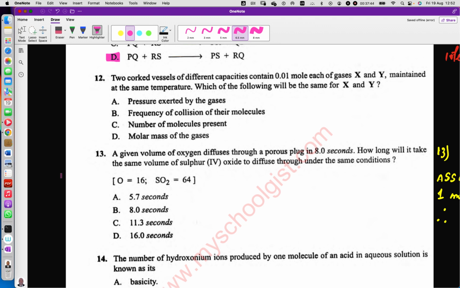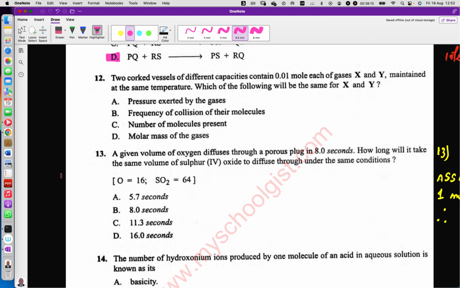If we look at this law, equal volumes of gases contain the same number of molecules. Two vessels of different capacity contain gases at the same conditions.